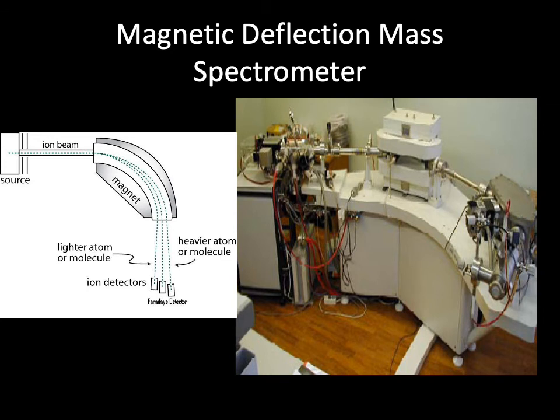So we've got an example of the magnetic deflection mass spectrometer. We start off with the source, and these are like the ion beams. For most mass spectrometers, you always have a magnet which helps to deflect the signal.